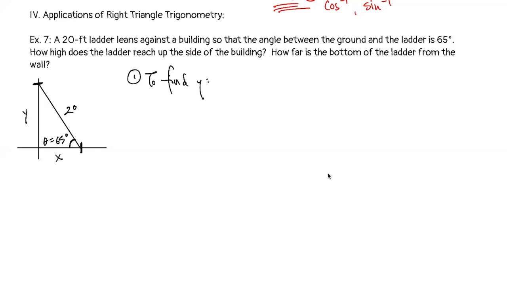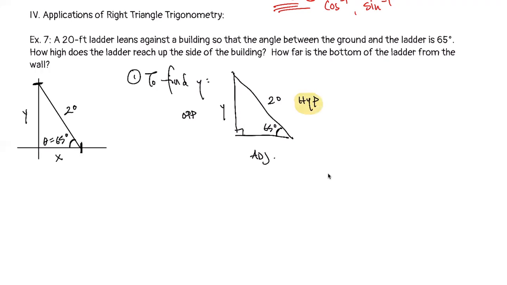Let's redraw our triangle real quick and see what we have. This is 65 degrees. This is 20. I know that this side is the opposite side, this is the hypotenuse, and this is the adjacent down here from my 65 degrees. And I'm looking for Y. I could use sine, cosine, or tangent, and the trick is to choose the right one.